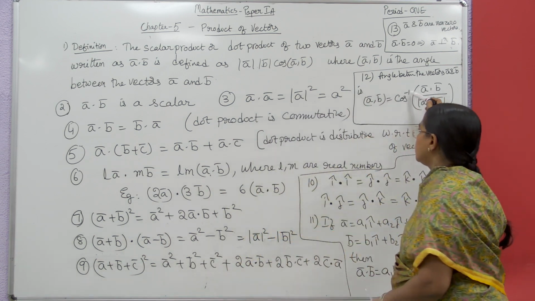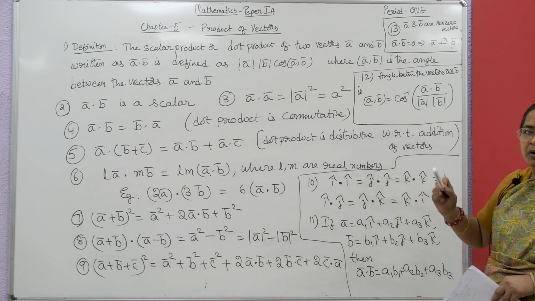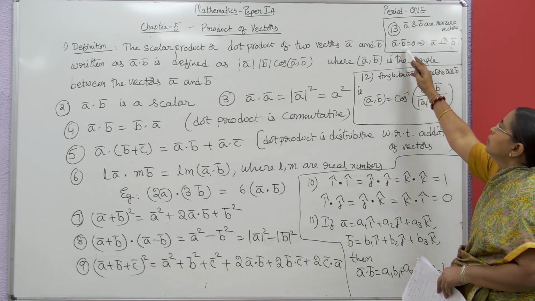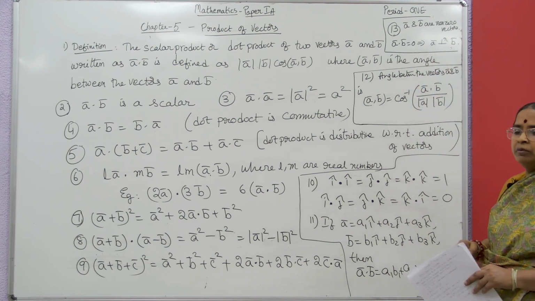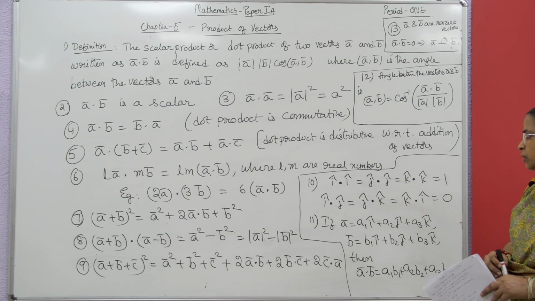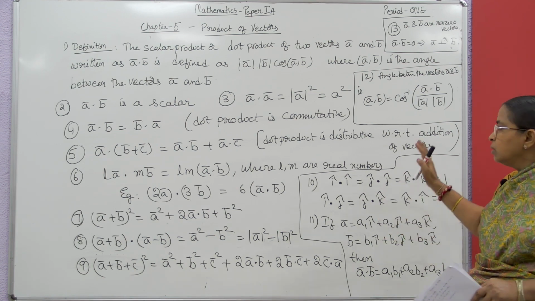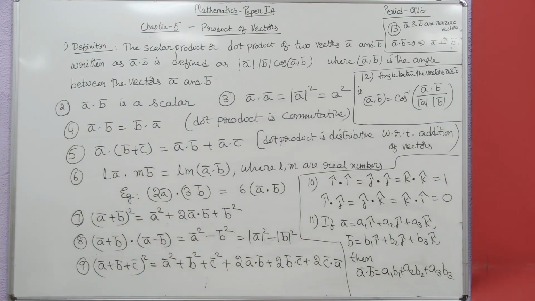Then this is the next property. The angle between two vectors A and B is given by cos inverse of A dot B by mod A mod B. And then if A and B are non-zero vectors and A dot B is 0, then it implies that A is perpendicular to B. So these are the properties. Just copy down all these properties and then we'll solve the problems.